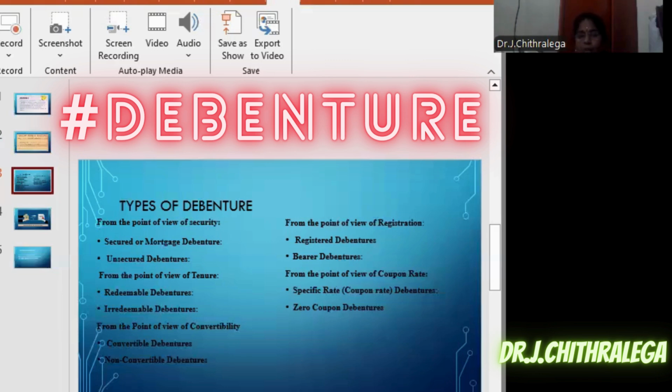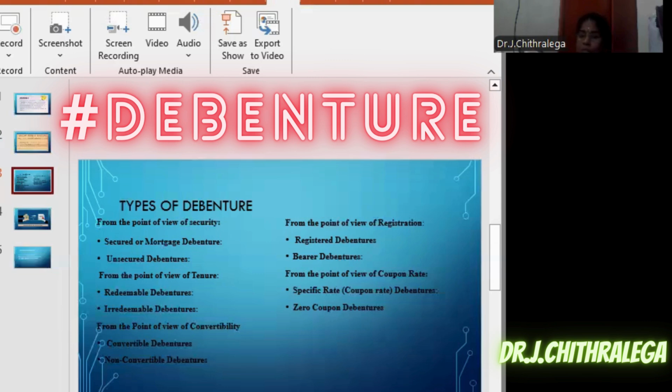From the point of view of registration, you have registered debentures, where there is a record of name, address, and particulars of holdings of debenture holders in the register of the company, and these debentures are not freely transferable.